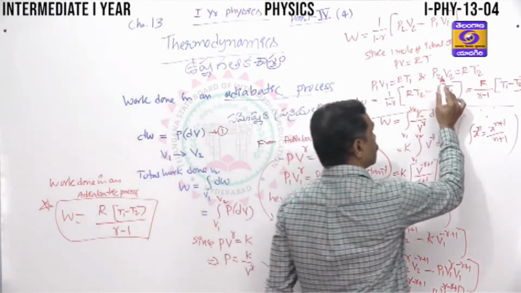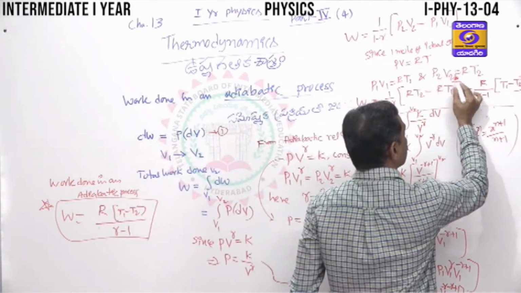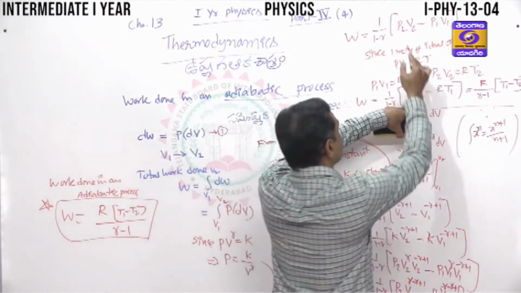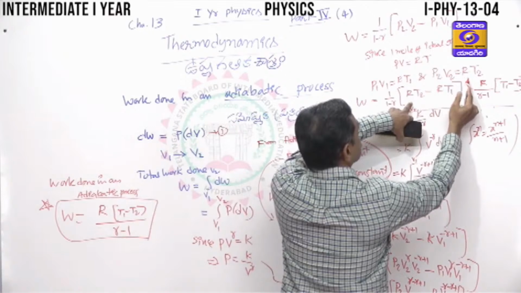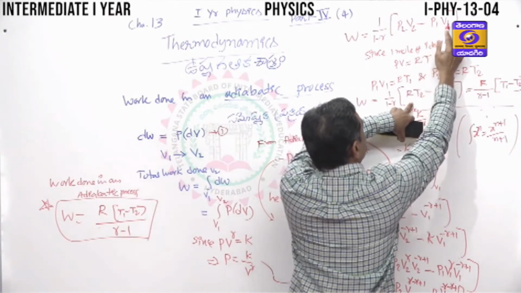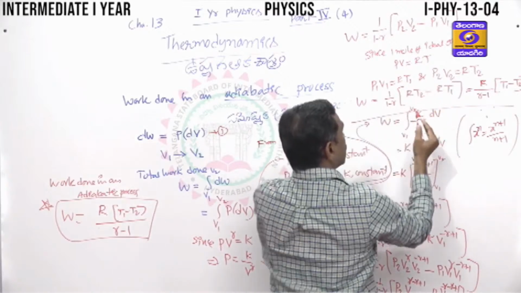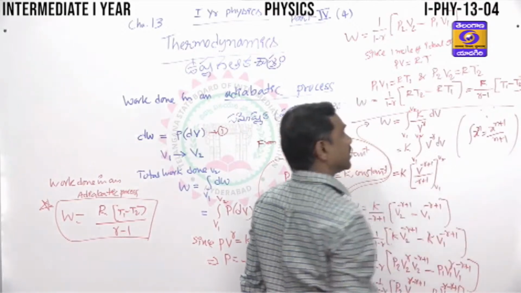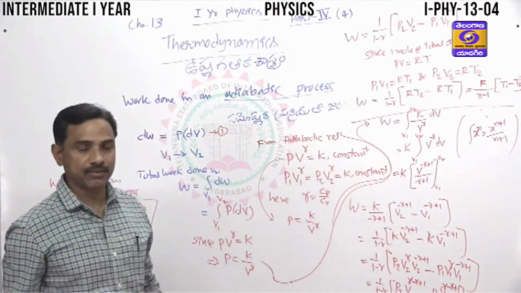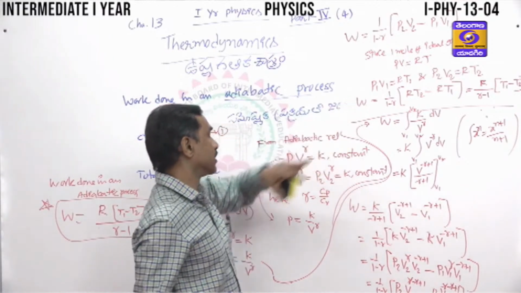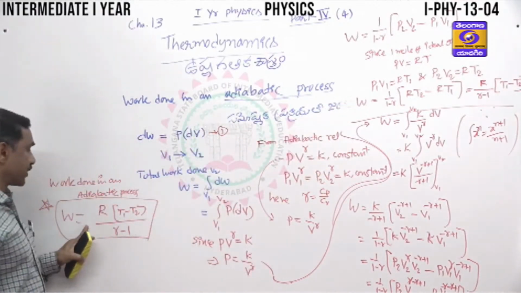Similarly, P2, V2 be the pressure and volume at temperature T2. Now P2 V2 is replaced by RT2, and P1 V1 is replaced by RT1. R is a constant, take it outside. We have R divided by gamma minus 1 within the bracket, T1 minus T2.